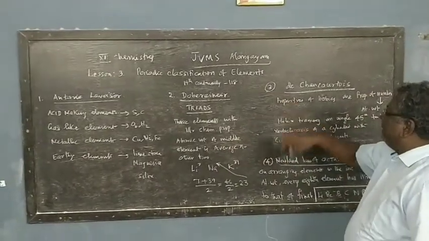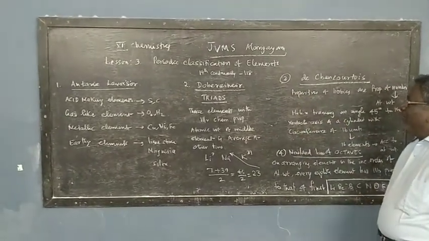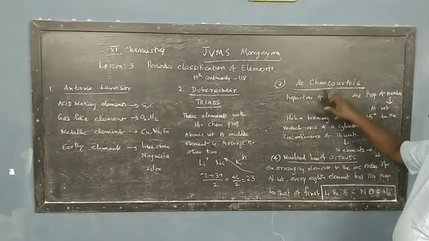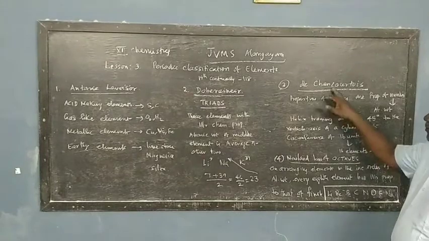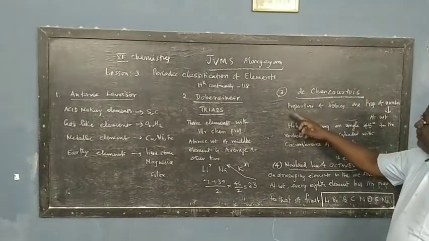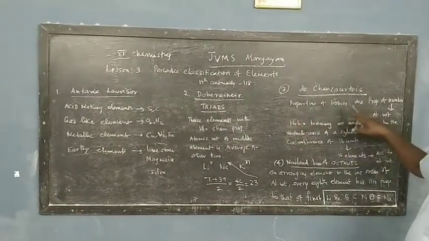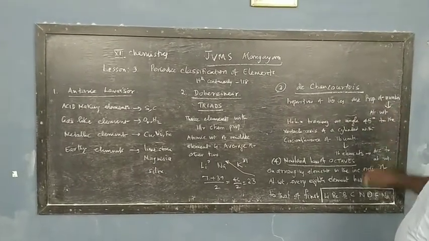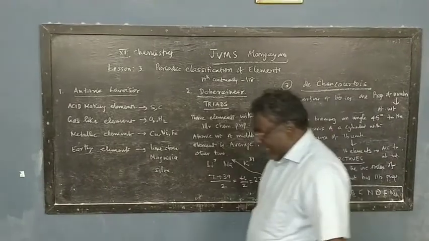And the third scientist started working on this. That scientist is known as Chancourtois. He found that the properties of the bodies are one of the properties of numbers.